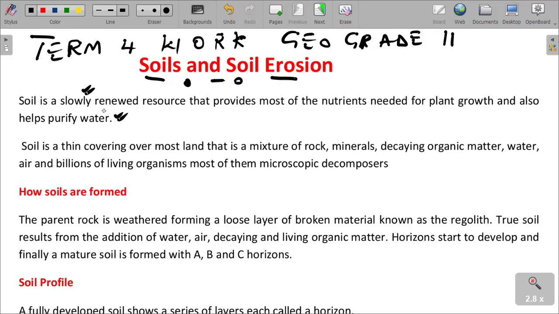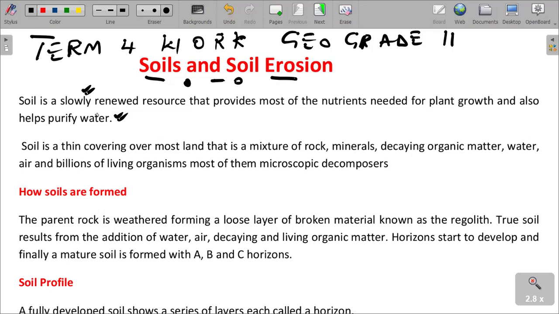And when we talk about the cleanliness of water, clean water is underground water, which is water that rains and then seeps and infiltrates into the ground. The process through which water infiltrates into the ground helps in water purification. So soil provides nutrients to the plants and also helps in water purification.